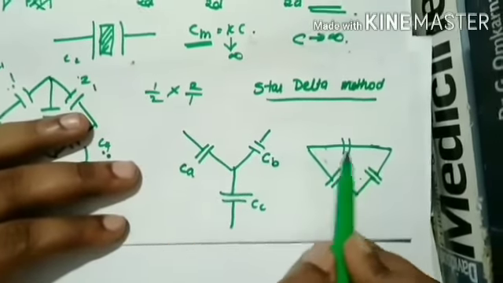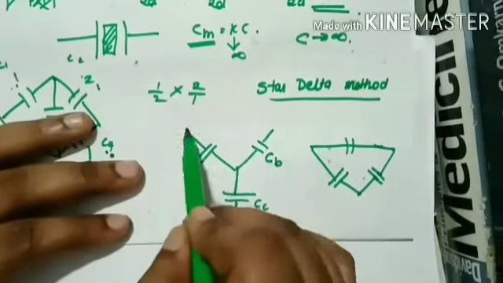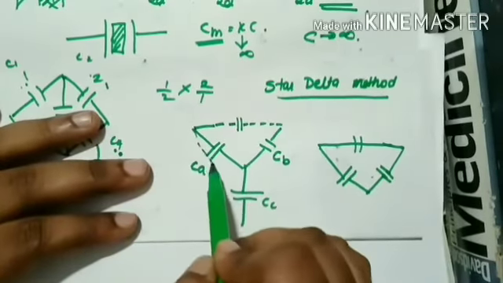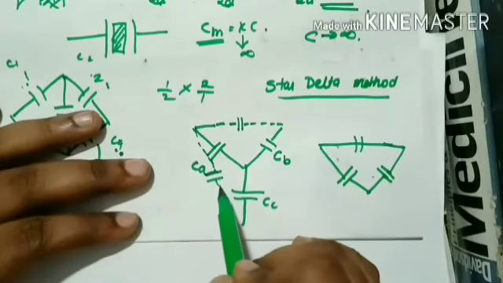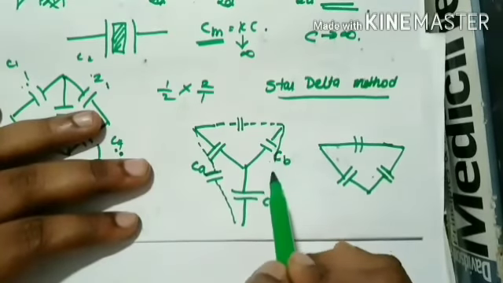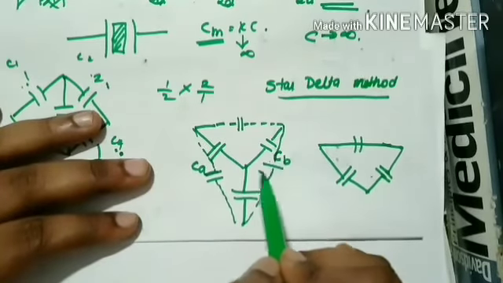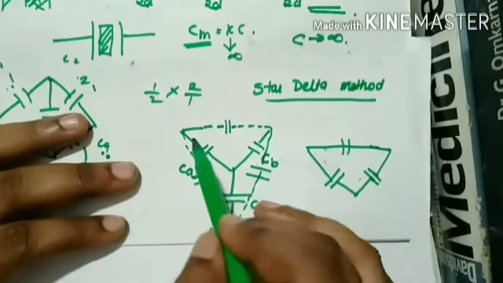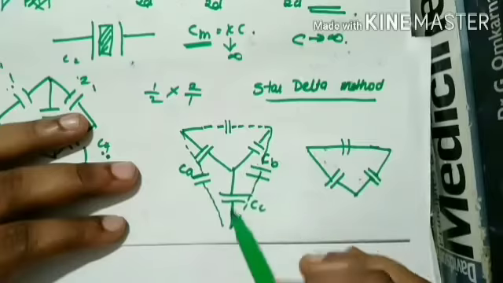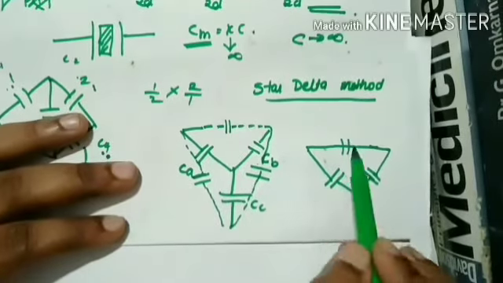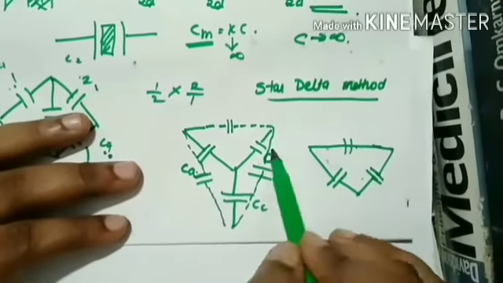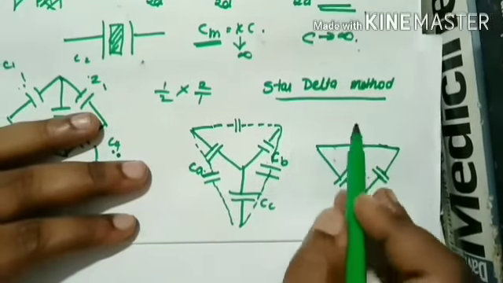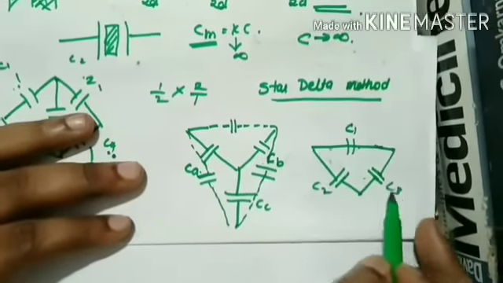I can redraw it like this, writing a dot here. Did this star become delta? Yes, this star became a delta here. This is this edge, this is this edge, and this is this edge. Now let this be C1, this be C2, and this be C3.